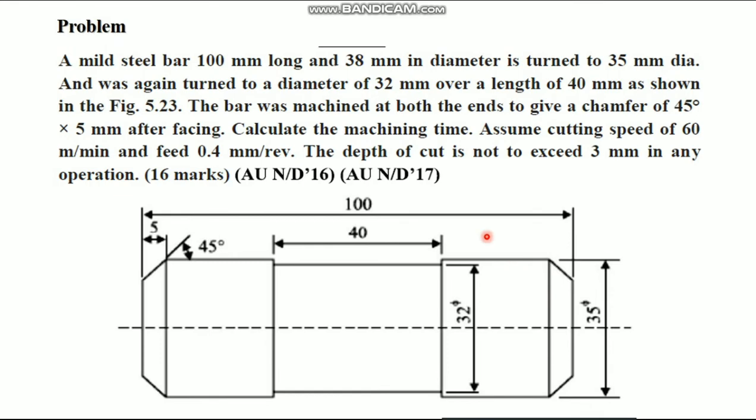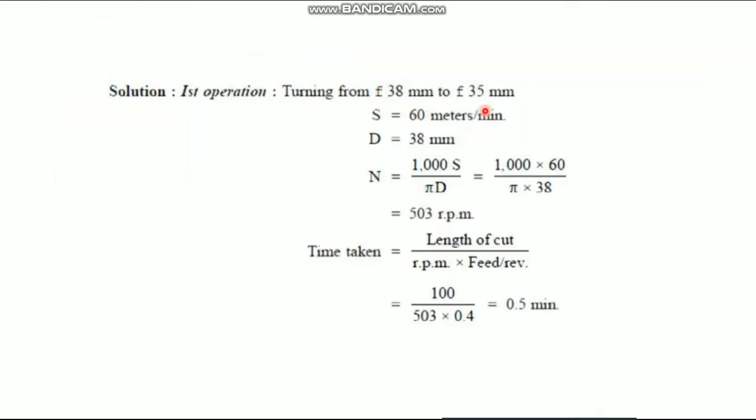So first we want to reduce the diameter from 38 mm to 35 mm. That is the first step. The cutting speed is given, and the maximum diameter is 38 mm. N we can find out by using 1000 S by pi D. Then time taken is the simple formula L by F into N. So we get 0.5 minutes.